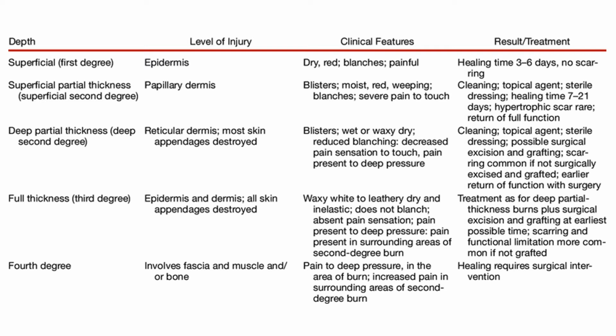And then the third is a deep partial thickness, also known as deep second degree. Again, the words match each other. We have full thickness burn, which is known as a third degree, and then we have a fourth degree burn. Okay. So please know the depths and the two systems in relation to them.